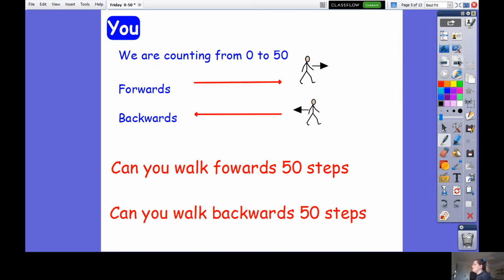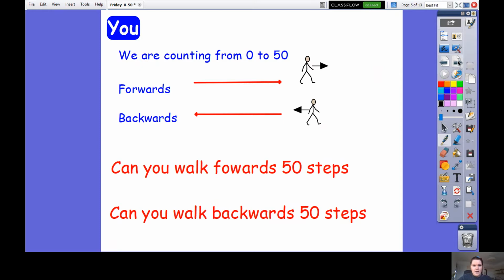Very good. 19, 18, 17, 16, 15, 14, 13, 12, 11. Keep going. 10, 9, 8, 7. I can't hear you. 6, 5, 4, 3, 2, 1. Fantastic. Amazing work, guys. So it's hard work counting forwards and backwards 50 without anything to help us.